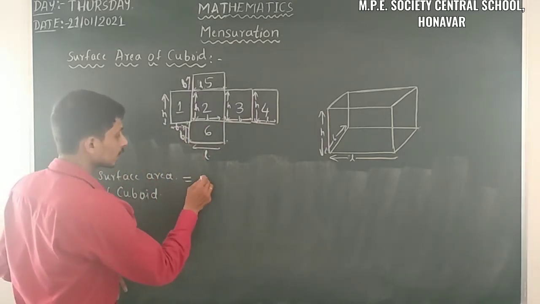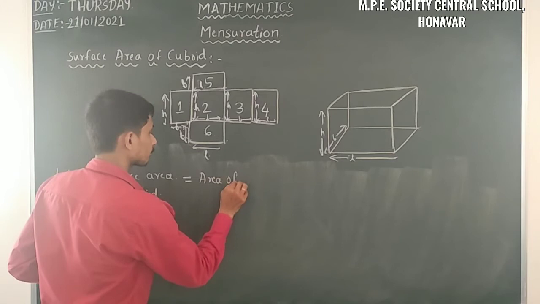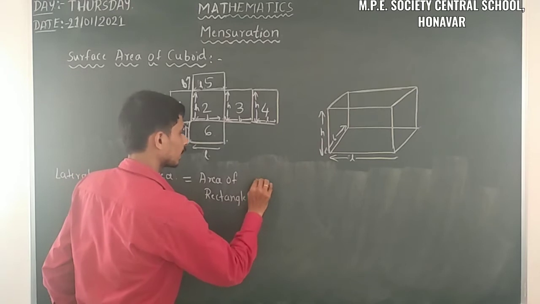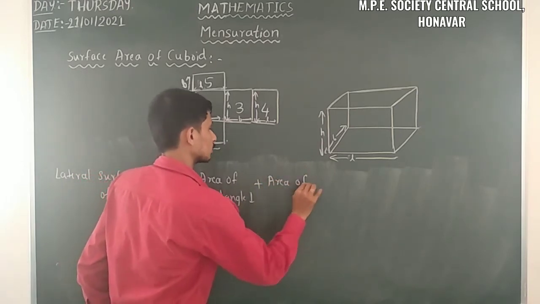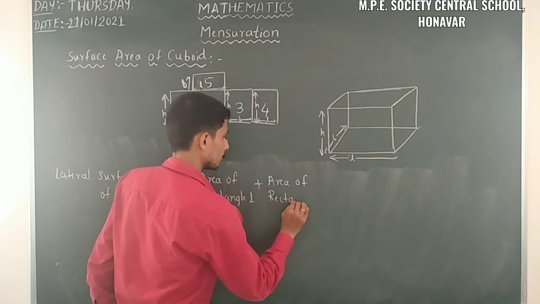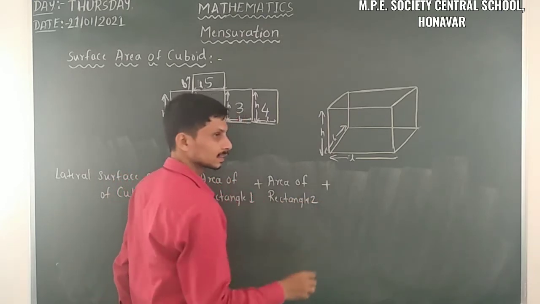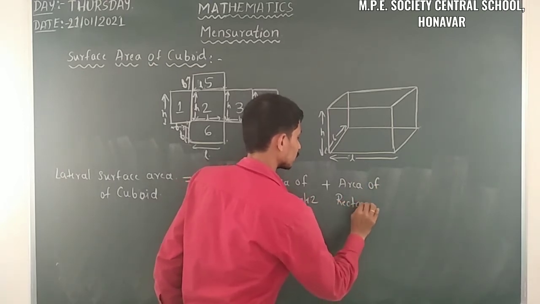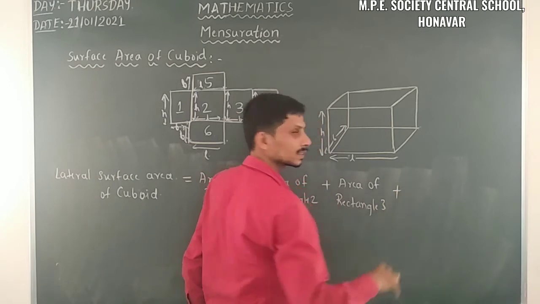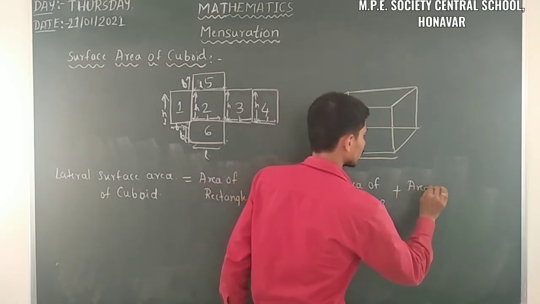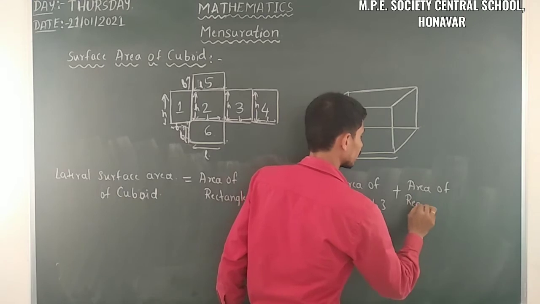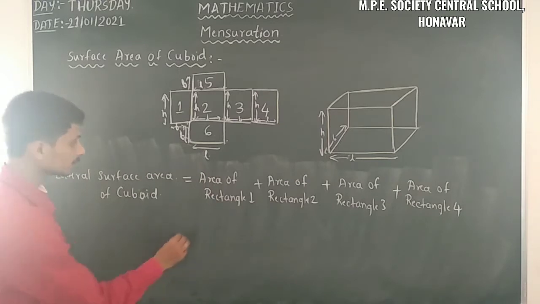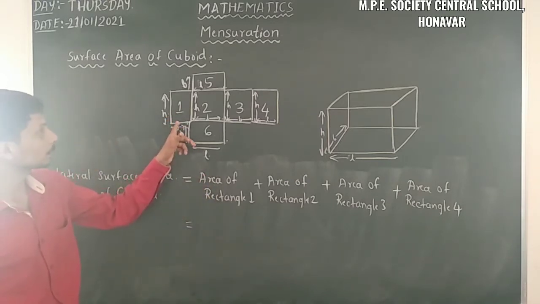What we have to take here: area of rectangle 1 plus area of rectangle 2 plus area of rectangle 3 plus area of rectangle 4. Only 4 faces we have to consider here. So that means we have to write area of rectangle 1 here. Just observe, B into H.